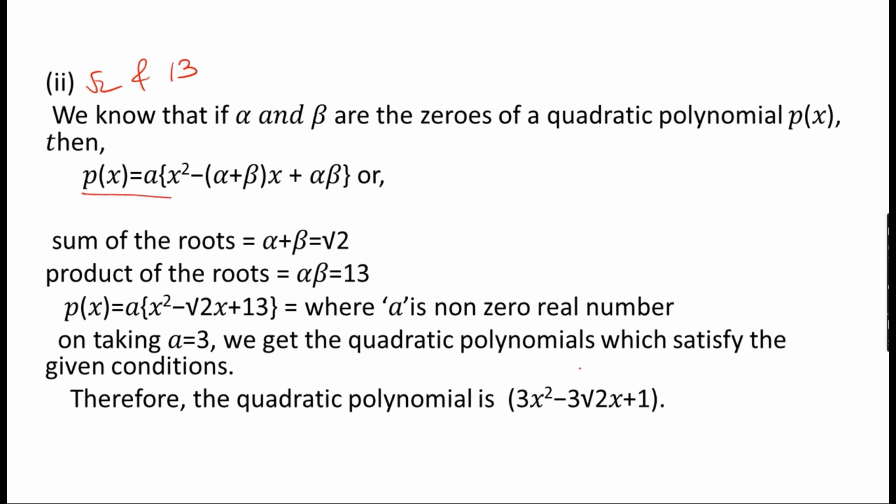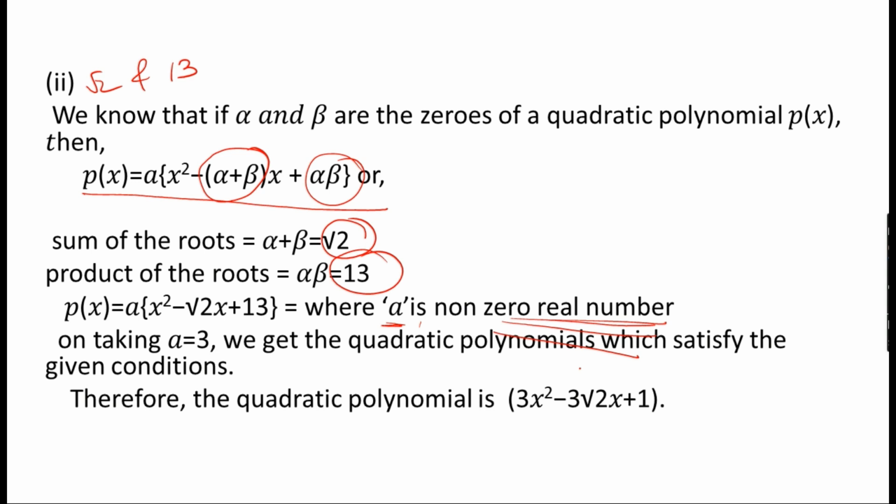Let us consider p of x to be any polynomial. Its roots satisfy alpha plus beta equal to root 2 and alpha beta equal to 13. Let us find the polynomial for the given roots. Let a be any non-zero real number.